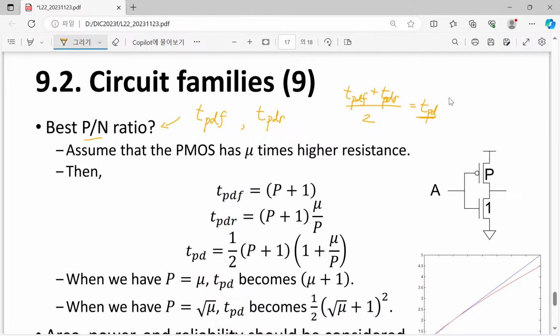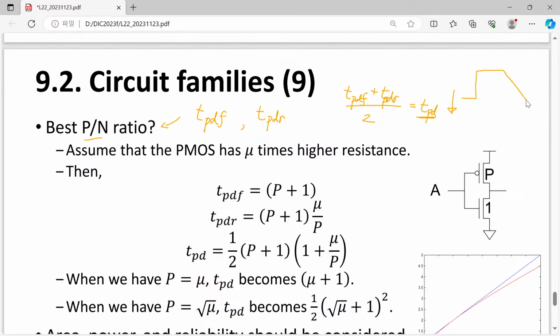How about minimizing this one? Although it looks like this, anyway it is much better than this one. So that is our way.